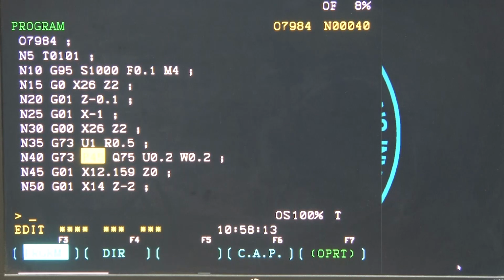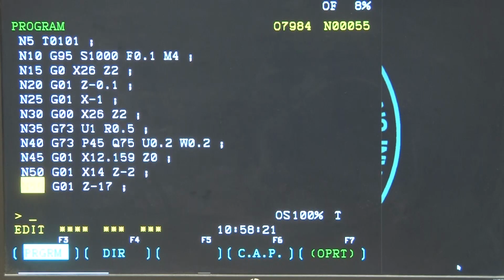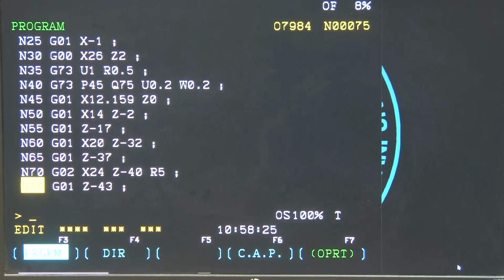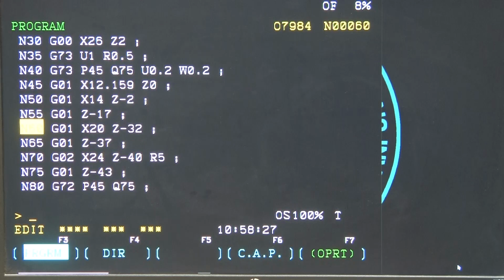So, the first block for the programmed shape, that is the block number, and you are going to the 45. So, this is bringing the code that we have written later, that can also be done. So, therefore, here it is written the P45, meaning that you are bringing a block which is by number 45, and the number 45 will be coming later, all right, but that can be done here.